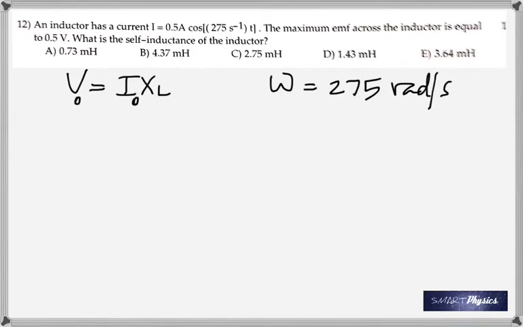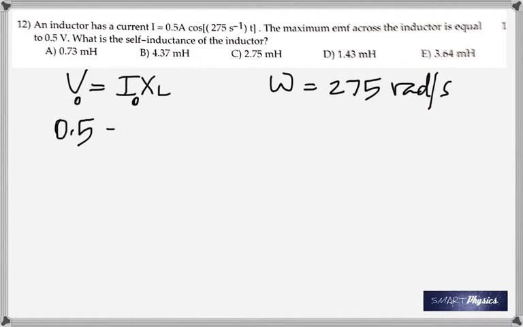How do you know? Because when you look at this equation, actually the equation should be I is equal to I naught, so the maximum current is 0.5 ampere, cos omega t.